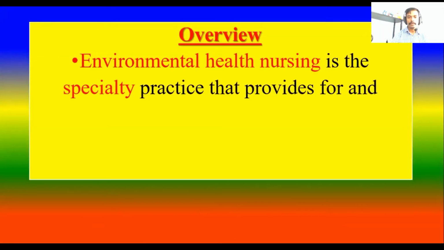Overview, environmental health and nursing. Students, in these various theories in nursing, every theory emphasizes that environment is the first factor to provide better nursing care, environment-oriented care and cure.